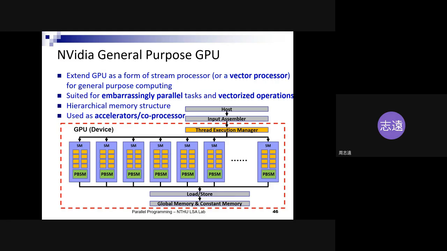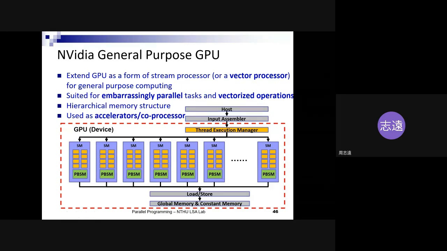The memory is the same: for the whole card you have this global memory, but on each streaming processor, the purple box here, you can also see a per-block shared memory. This is also a temporary memory, like a cache, but a cache managed by the programmer, by your program.